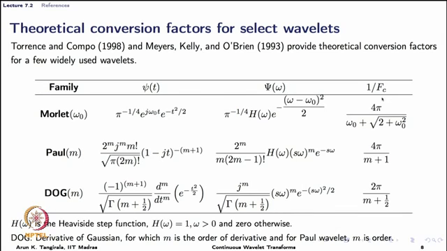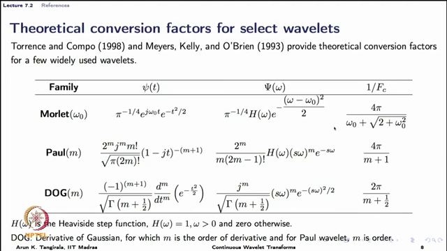The last column is the one that is of interest to us. It gives the inverse of Fc. So, you can use that to convert scale to Fourier period, or you can use the inverse of this to convert scale to frequency.